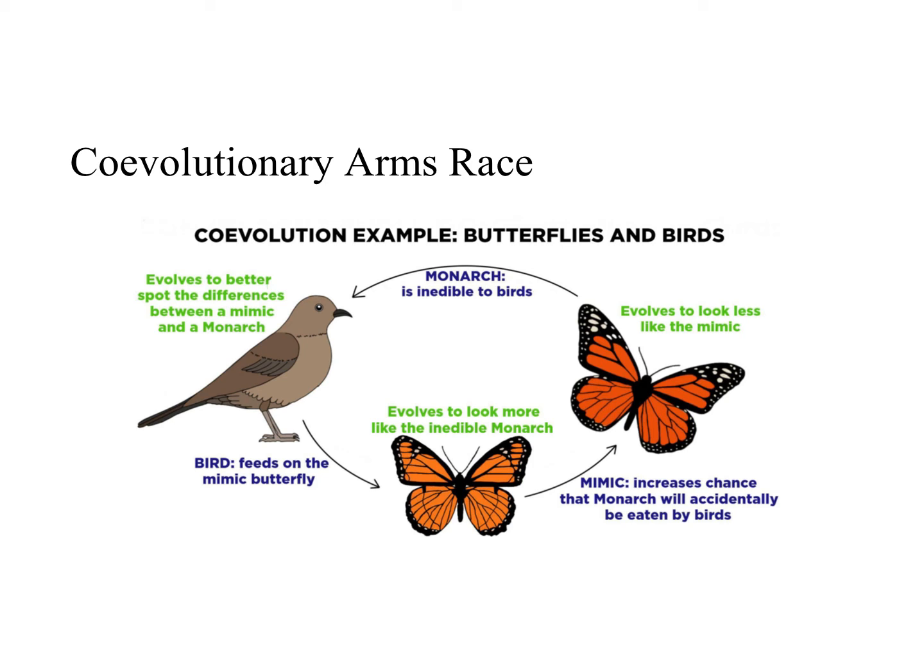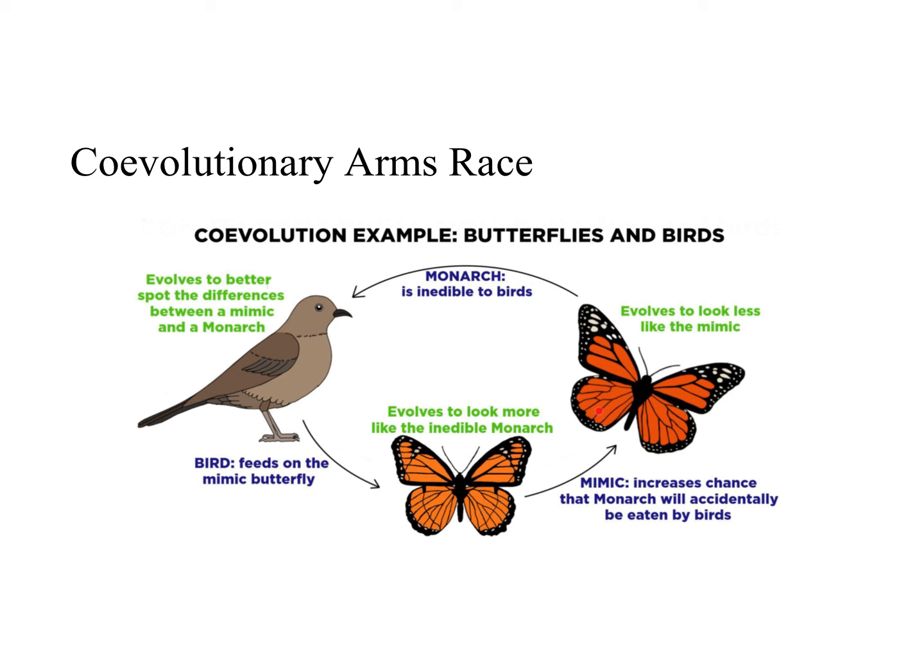So a good example of a coevolutionary arms race is butterflies and birds. So birds eat butterflies. Monarch butterflies are toxic. They don't taste good. They make birds sick. The viceroy butterfly is delicious to the bird. So viceroy butterflies try to mimic the monarch, right? They don't want to be eaten. So they're going to mimic the monarch butterfly.